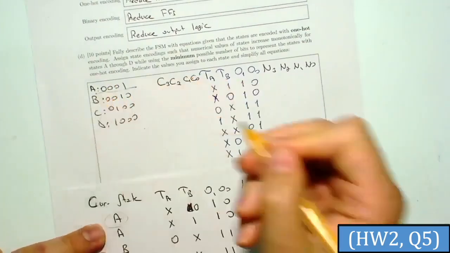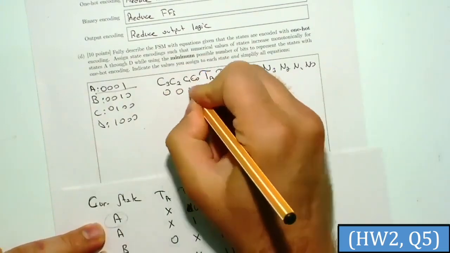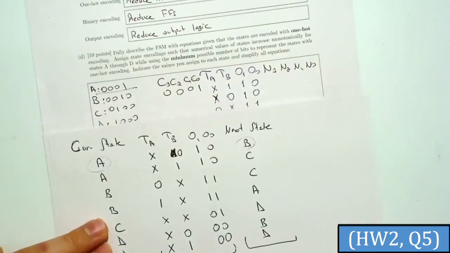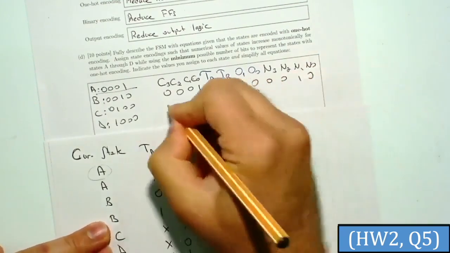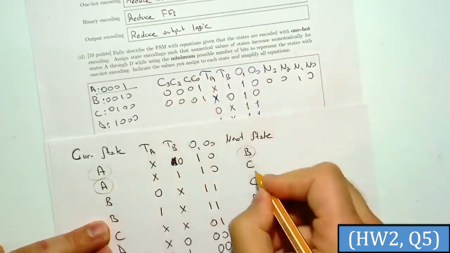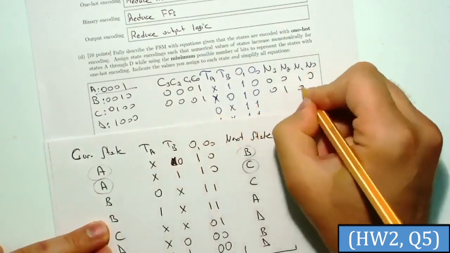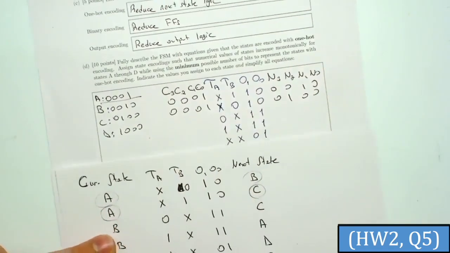If you remember, those two rows are A. So I'm going to write the way that I represent A here, and the next state was B, and I represent B as follows. And again A, and the next state for this one will be C. I think you got the rest.